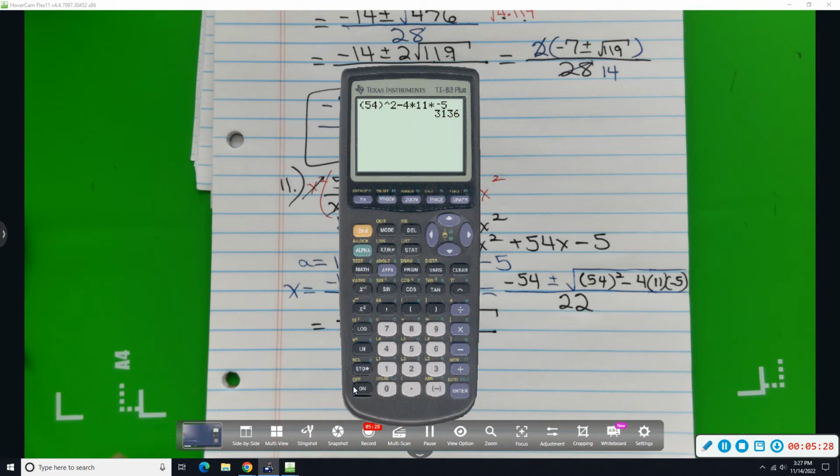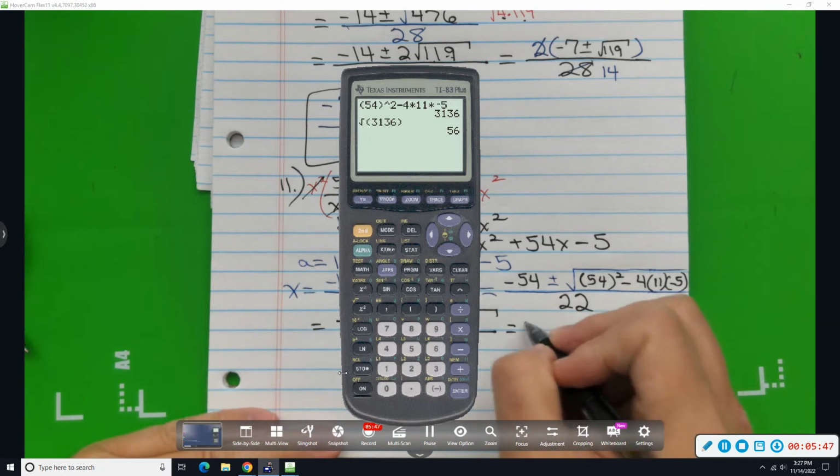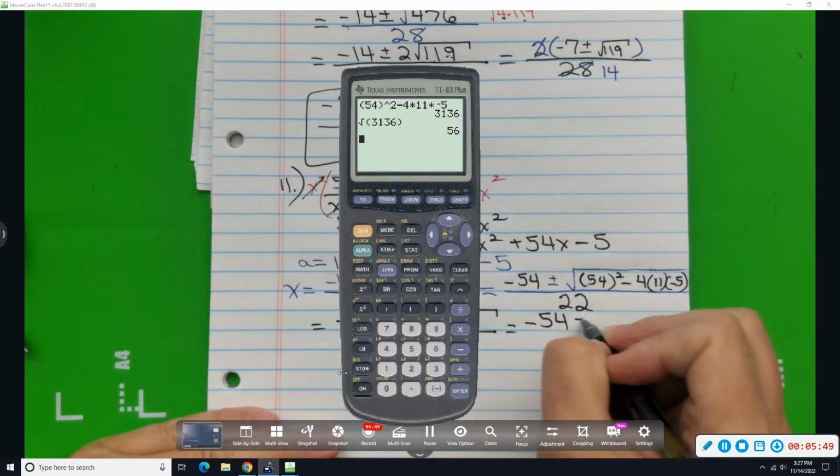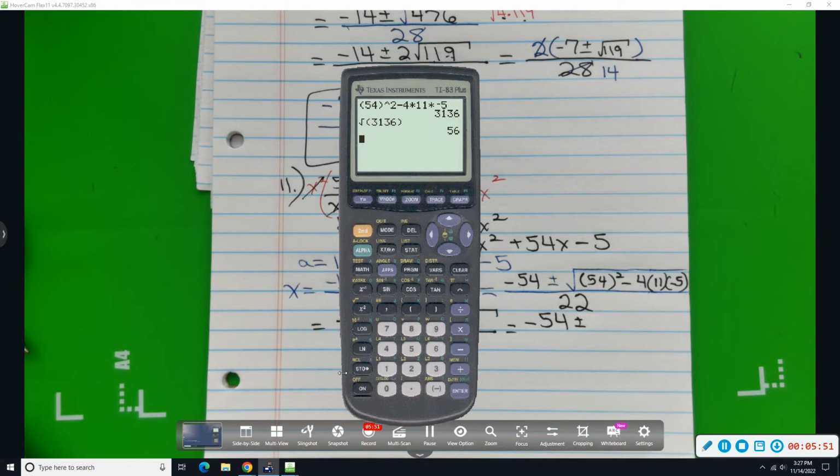So, I don't believe that's a perfect square. Let's see. The square root of 3136. Oh, it is a 56. I mean, it is a perfect square. I was mistaken. Oh, this is great. Negative 54 plus or minus. Did y'all see that?